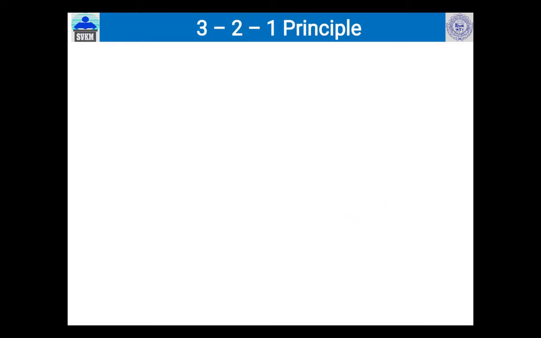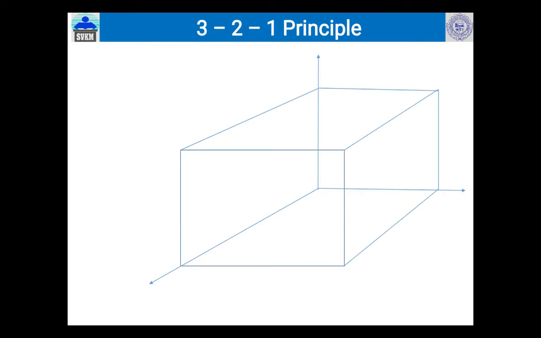Now, 3-2-1 principle. A body is kept along these three axes x, y, z. Now, in how many directions can it move or rotate? Just check. X forward, X backward, X clockwise, X anti-clockwise.